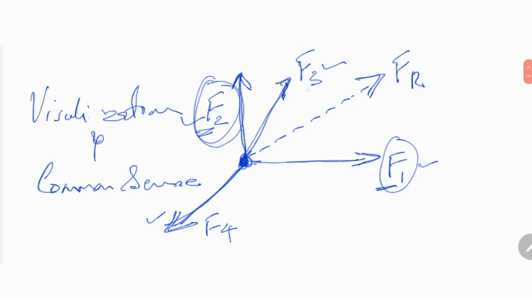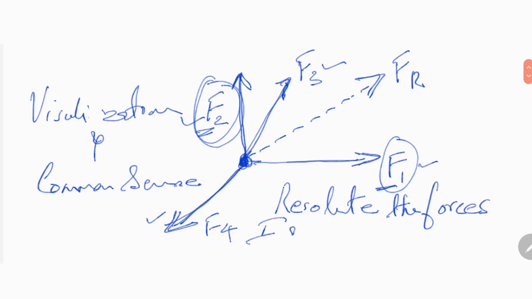But if I'm able to take all this and resolve the forces, I get one single force, and that is the resultant force.